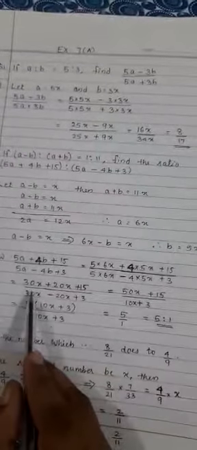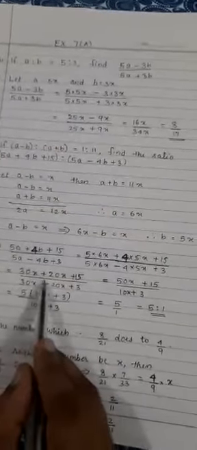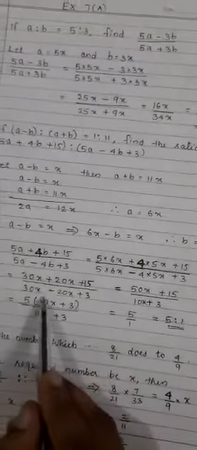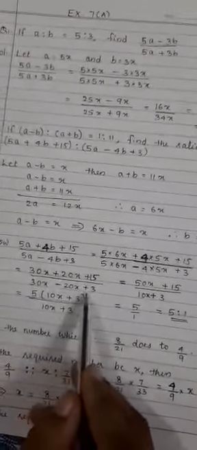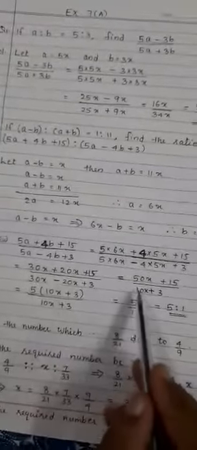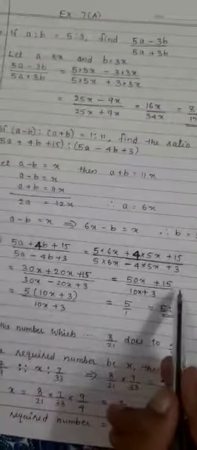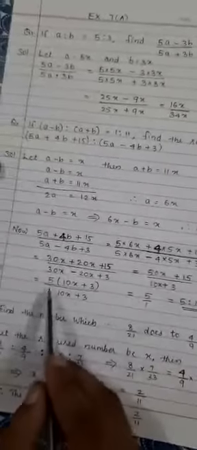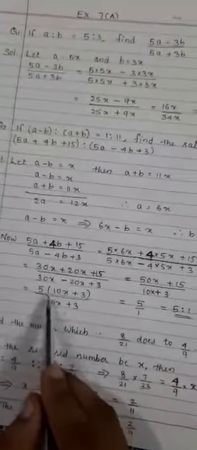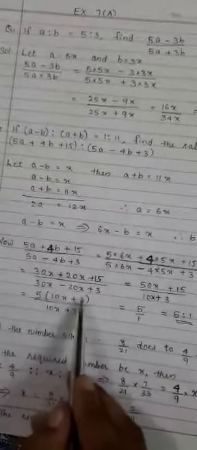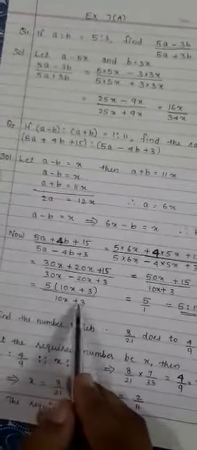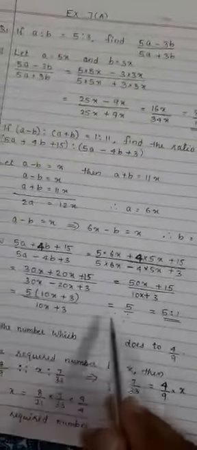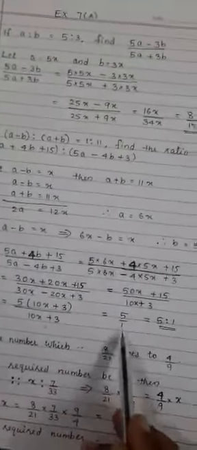That is equal to 30x plus 20x plus 15 upon 30x minus 20x plus 3. That is 50x plus 15 upon 10x plus 3. Here 5 is common. 5 into 10x plus 3 upon 10x plus 3. 10x plus 3 and 10x plus 3 will be cancelled. Therefore, the answer is 5 is to 1.